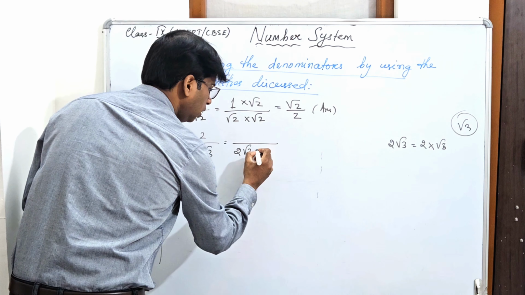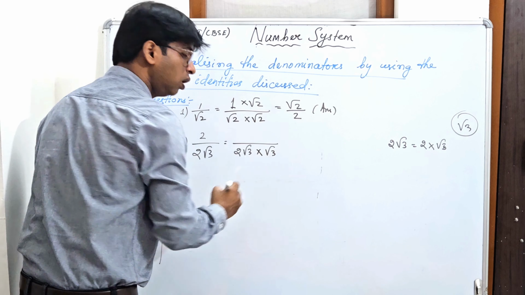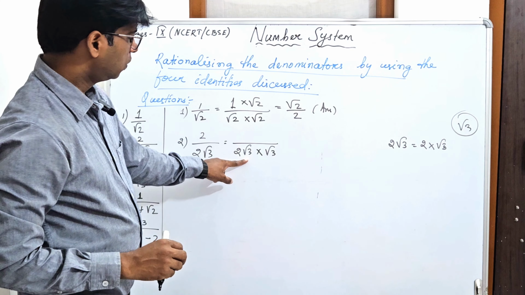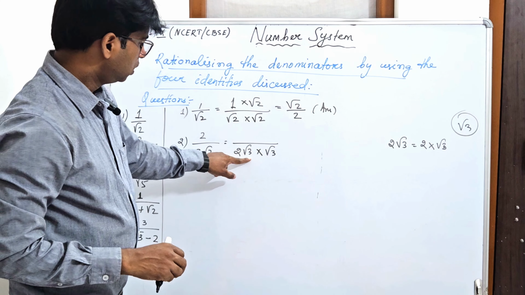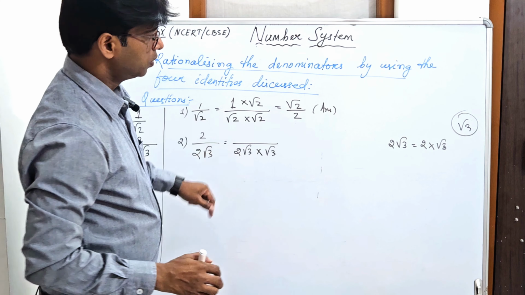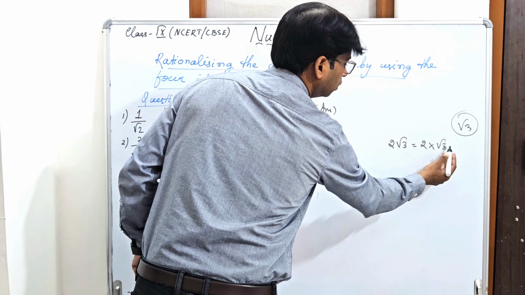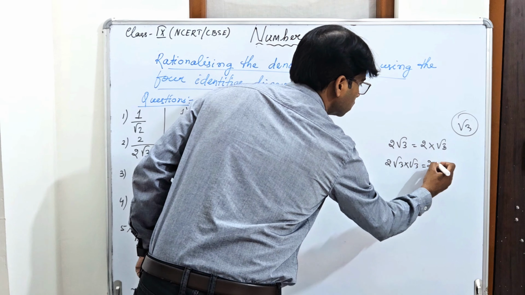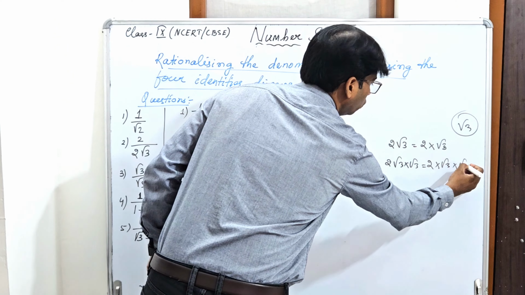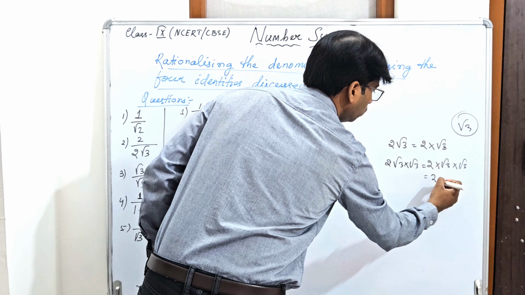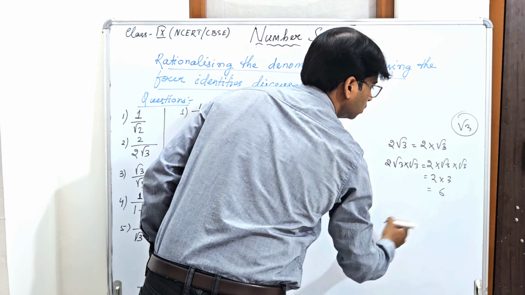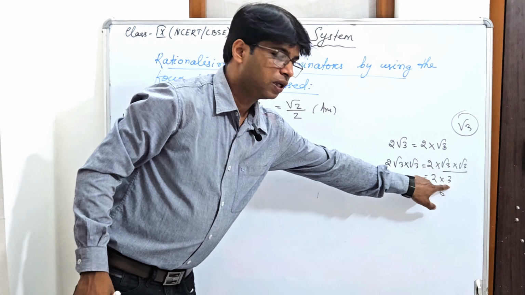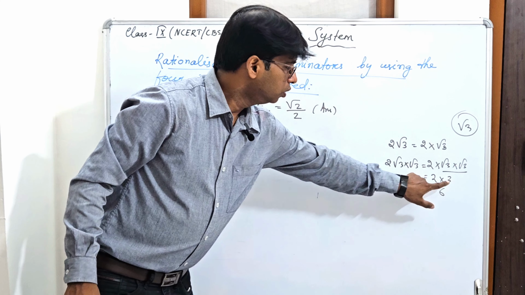So that's why you multiply root 3. Don't multiply 2 root 3; not required. You will only be rationalizing the irrational number. Since it is in product form, 2 root 3 is 2 into root 3. If I multiply 2 root 3 into root 3, 2 into root 3 into root 3 is 2 into 3, which is 6, because root 3 into root 3 becomes 3.